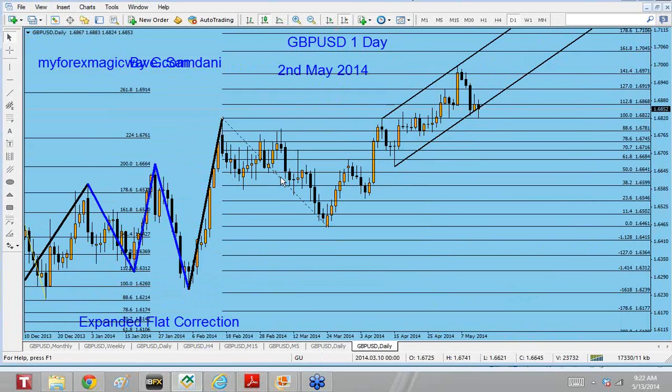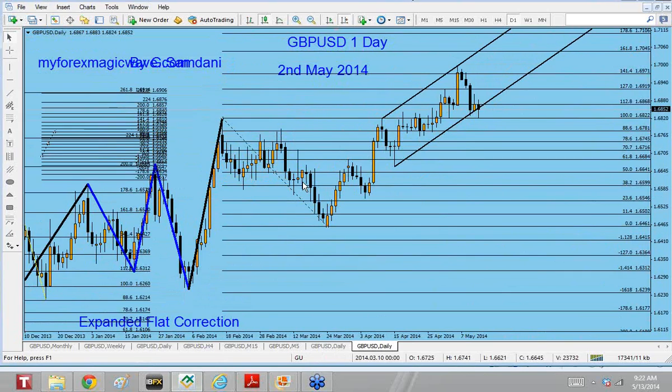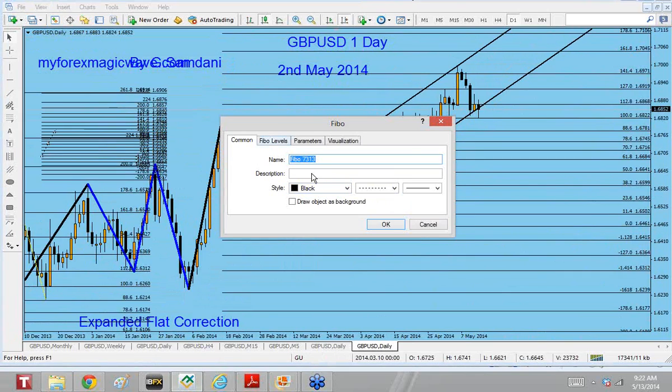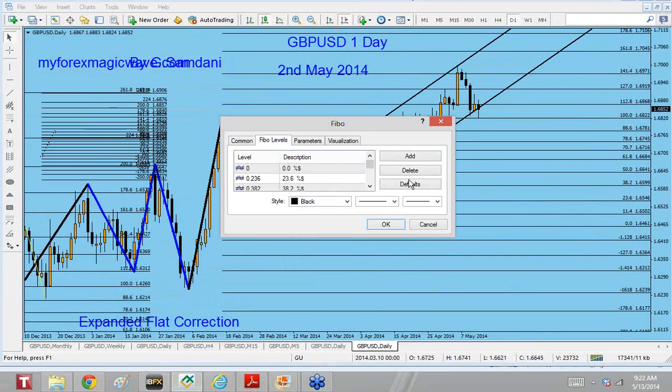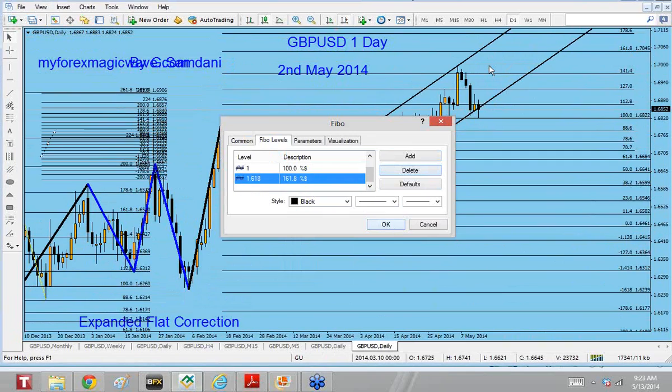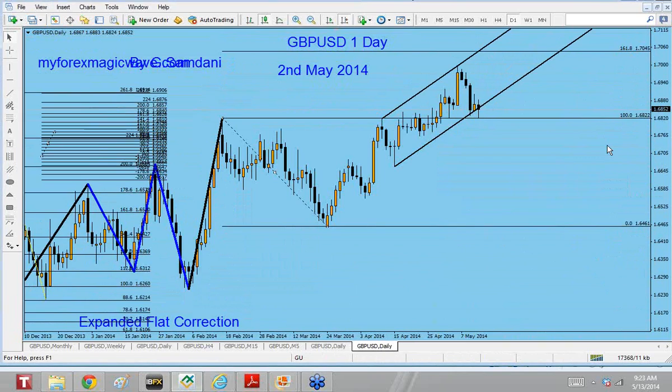First, let me get rid of this. Okay, so this is the target, 1.618. I got all the lines up.